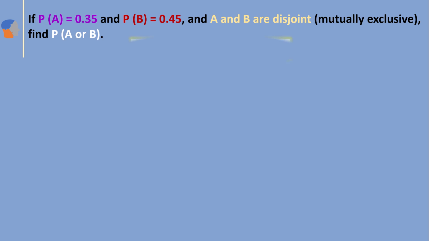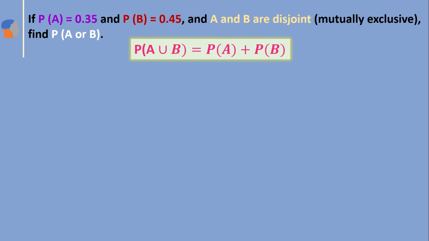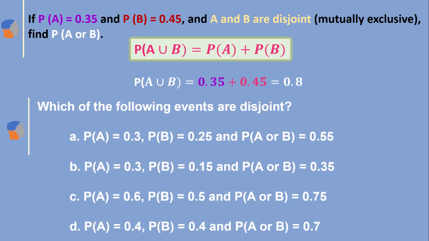Yes, by the rule we know probability of A union B equals probability of A plus probability of B. You can use this rule if and only if A and B are disjoint. If A and B are disjoint, this is true. Otherwise, it is not true. Right, then we know A and B are disjoint. Therefore, probability of A union B equals 0.8. We add them together.